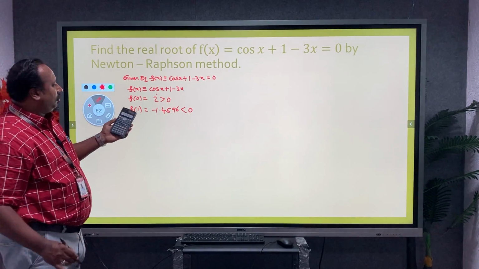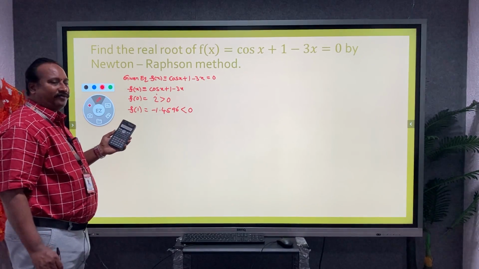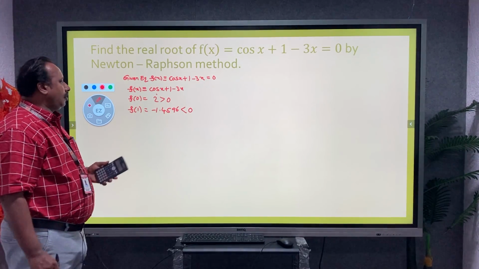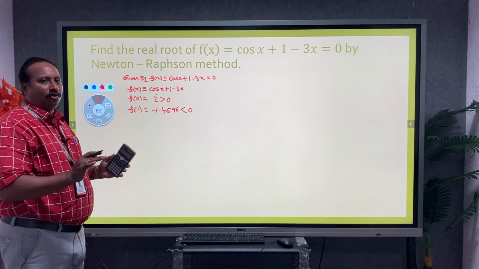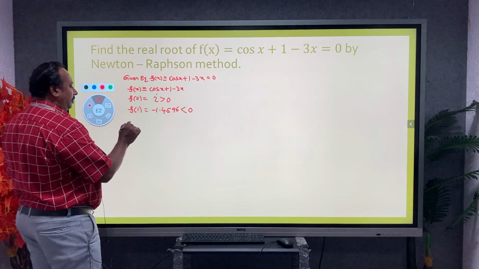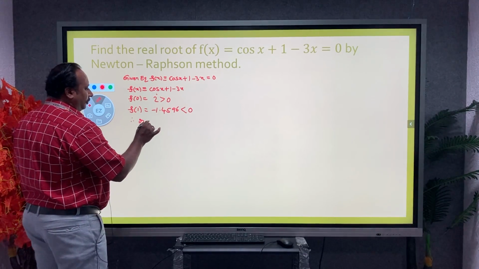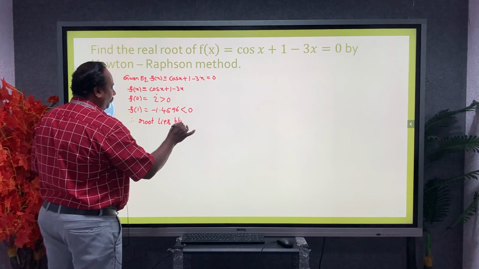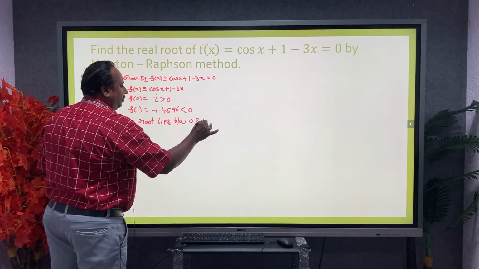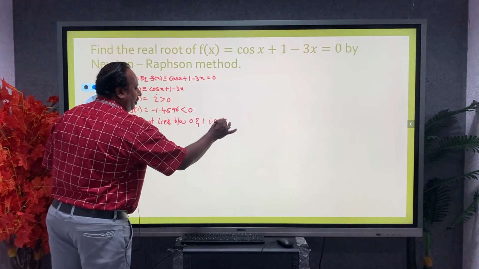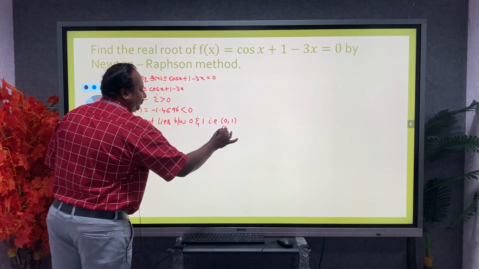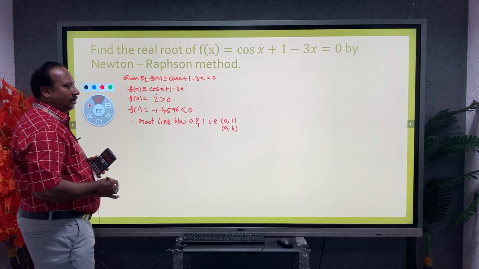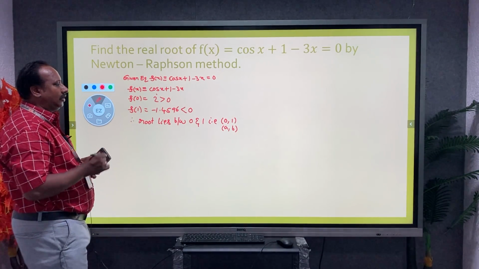F of 0 is greater than 0 and f of 1 is less than 0, so opposite signs. So stop the process and identify the interval. Therefore the root lies between 0 and 1. Take this as interval 0 comma 1. This is the a comma b form. So now a equal to 0 and b equal to 1.